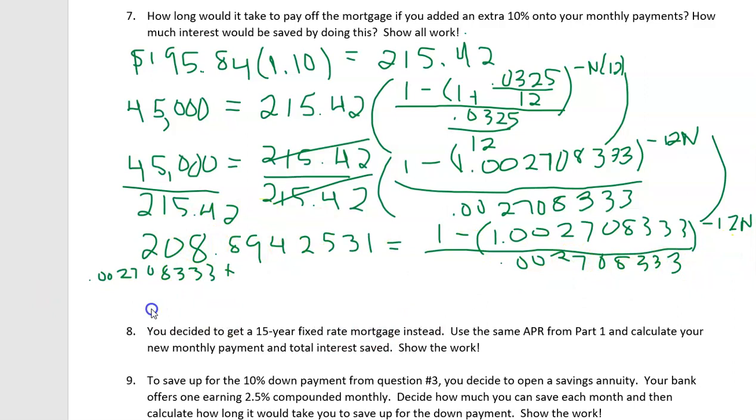I get 0.565755199. Now on the right side, when I multiply by this decimal, it's just going to cancel out with this denominator, so the denominator goes away.